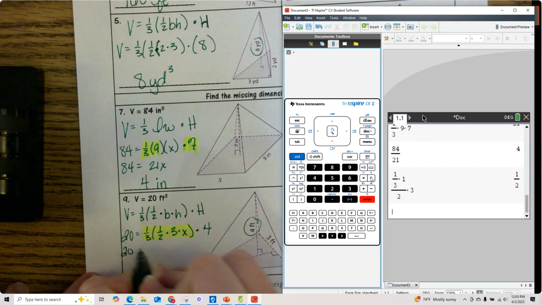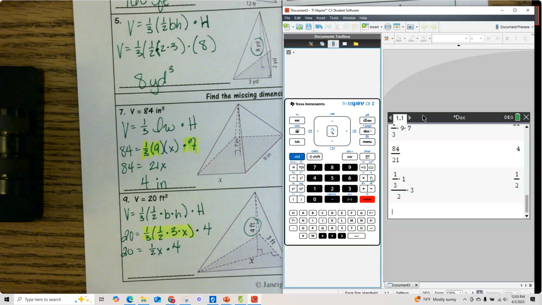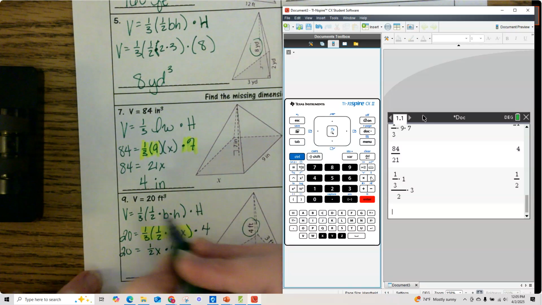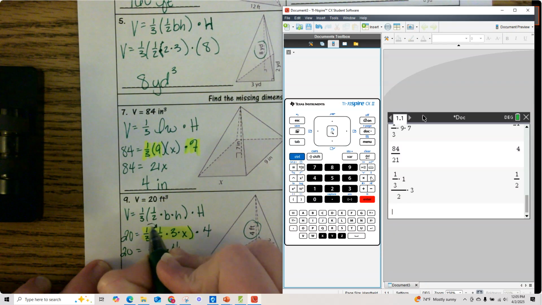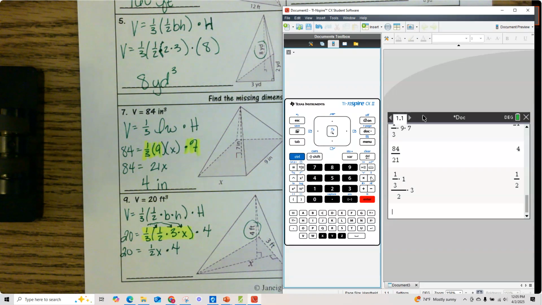So now I have 1/2 X times 4. So I simplified this whole piece down. The reason I had to do that is this 1/3. If you remember distributing last year, we multiply each piece by that 1/3. In this one though, you can simplify inside the parentheses.